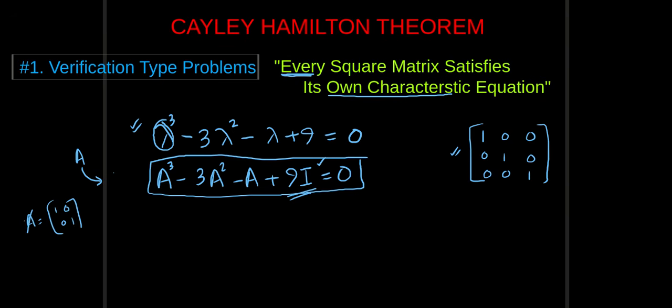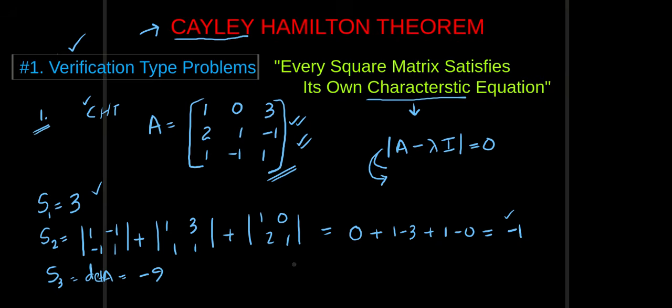And if A is a 3 by 3 matrix, then we use I is equal to 1 0 0, 0 1 0, 0 0 1. And if it is fourth order, then the fourth order identity matrix, etc. Now the next thing, that is capital A, and capital A of course is our question.